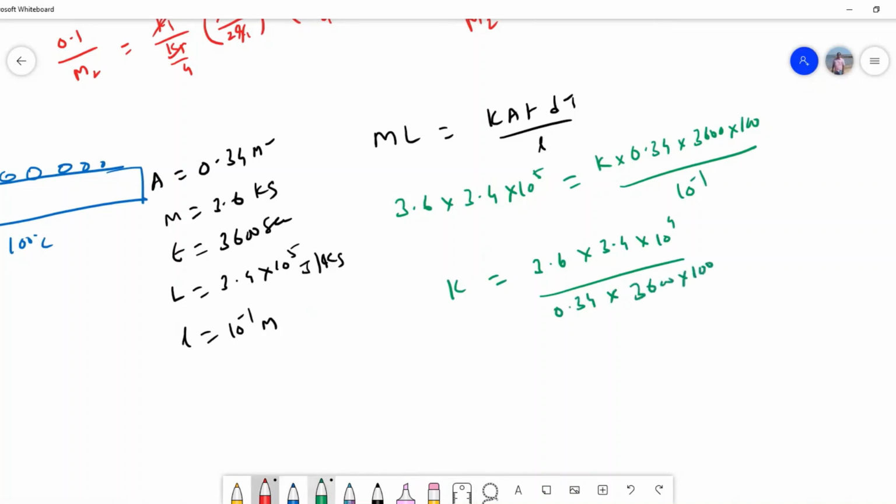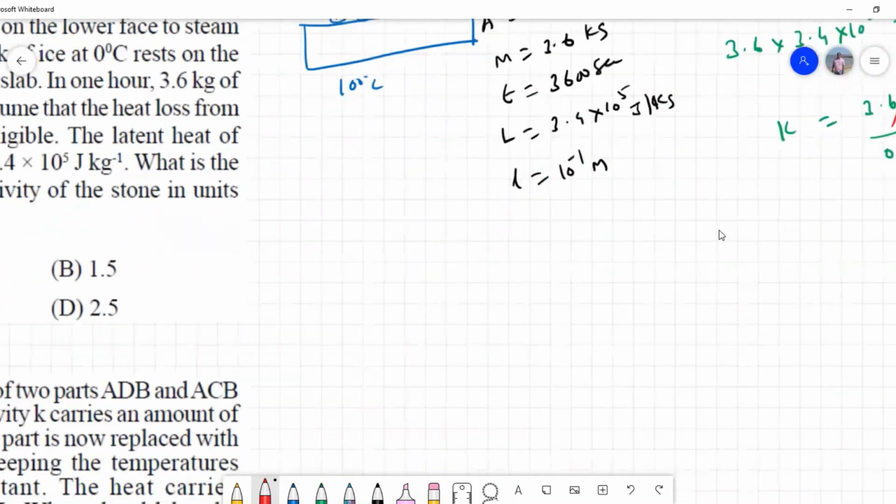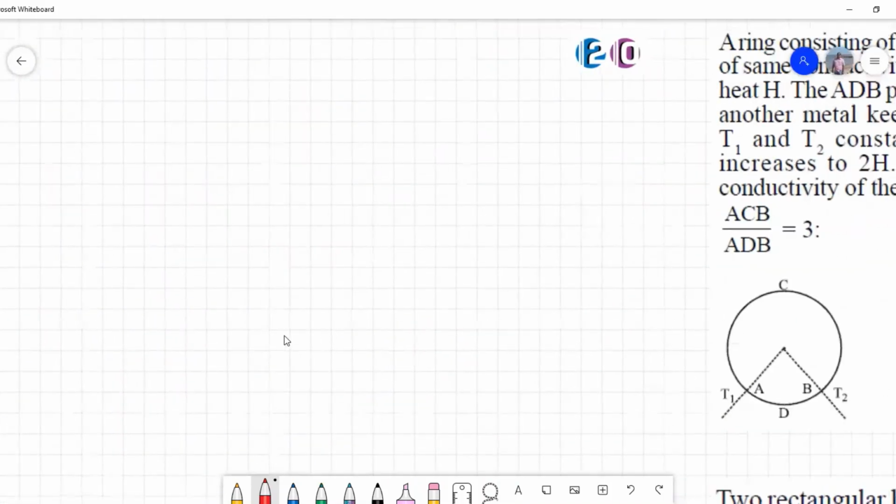So clearly we can cancel this 100 with this, and everything will be cancelled. We'll get only 1. So the answer is 1 watt per meter per Kelvin, that is W m power minus 1 K power minus 1. So it's a simple direct formula based problem again. Now let's move on to the next question.